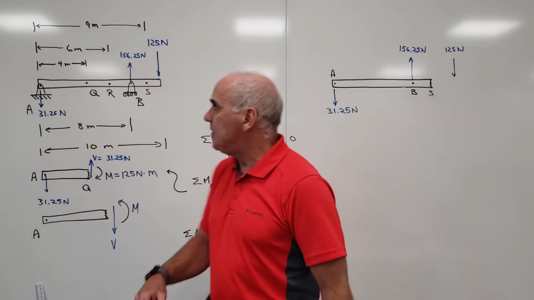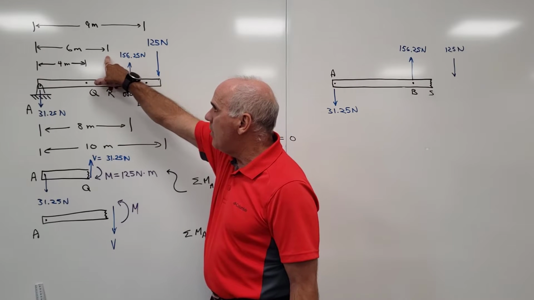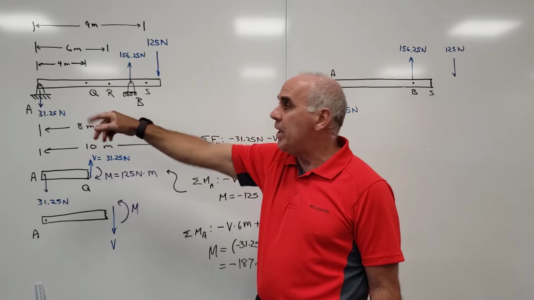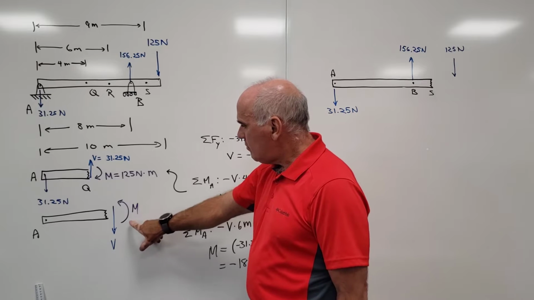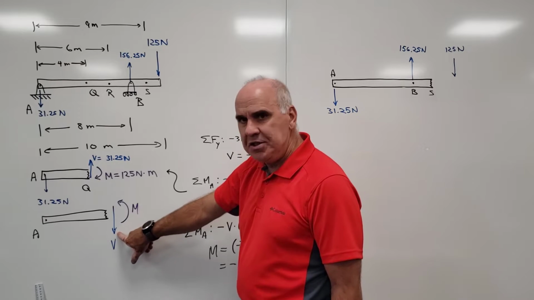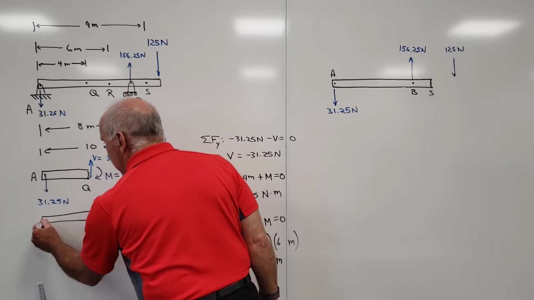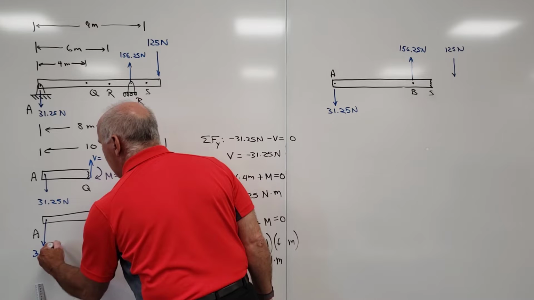So what happens if I choose point R, which I designated R as being 6 meters from the left-hand side, from point A? So when I look at the diagram, I've got a moment and a shear force, and then there's still this 31.25 newtons over here, and it's downward.